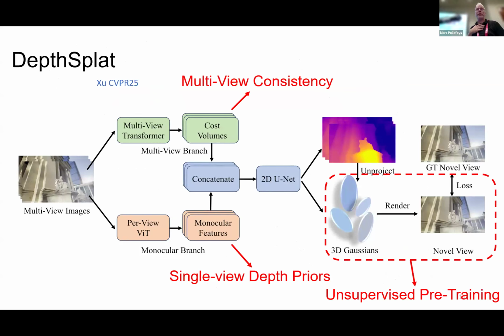One is a multi-view transformer, think of VGGT or things like that, that also has a cost volume. Actually, this one is still using known cameras. So on the one hand we do multi-view stereo, but on the other hand we also do monocular inference, merge all of that together, and optimize that towards minimizing the viewing loss. And therefore, this can all be unsupervised, pre-trained.